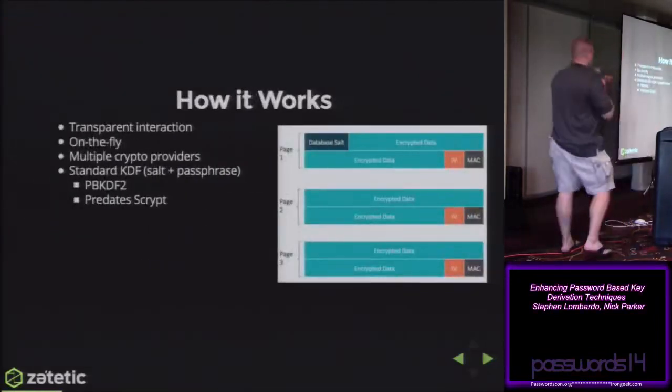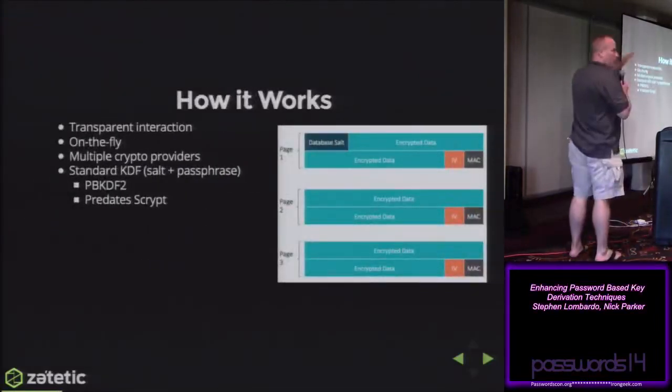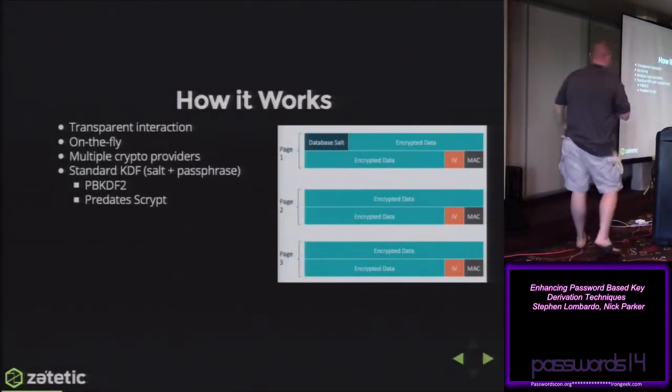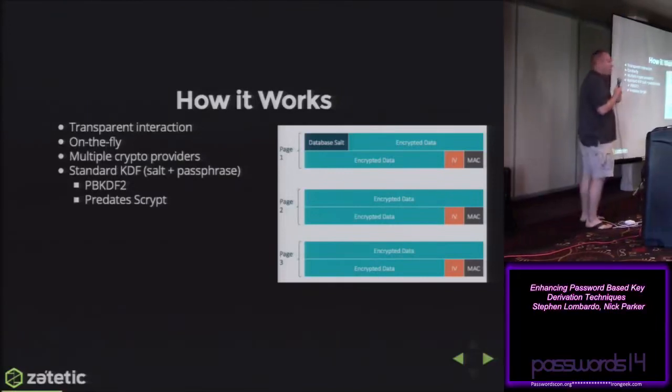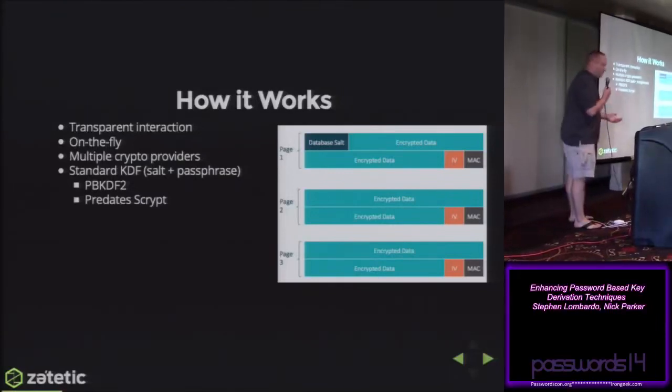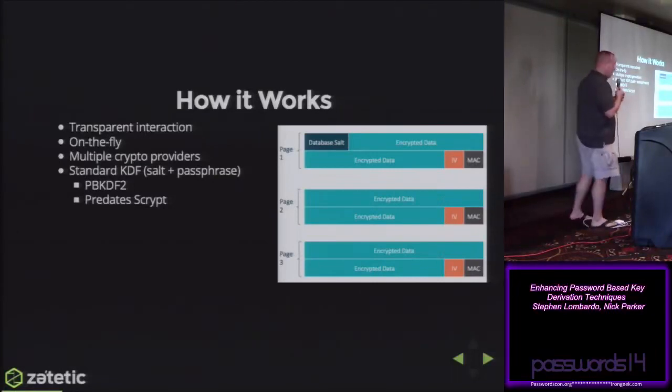So we're just going to take a quick, high-level look at how SQL Cipher works. There's transparent interaction as a client developer. You don't have to deal with any of the encryption or decryption process. It all happens on the fly. So you have a client database API that you consume, and everything just works.